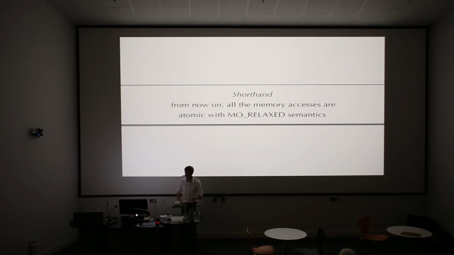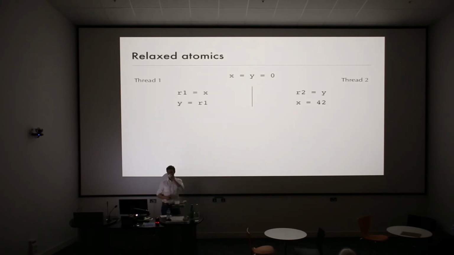Small shorthand: all the accesses from now on will be atomic accesses and will be with relaxed semantics. So, x and y are 0, with two threads. This one copies x into y, and this one reads y, and updates x with 42.